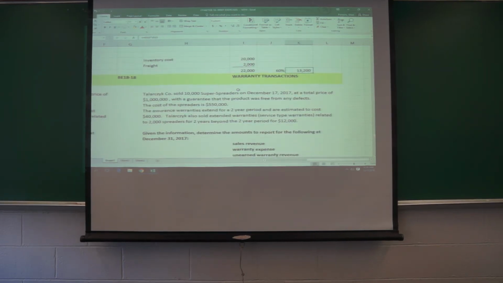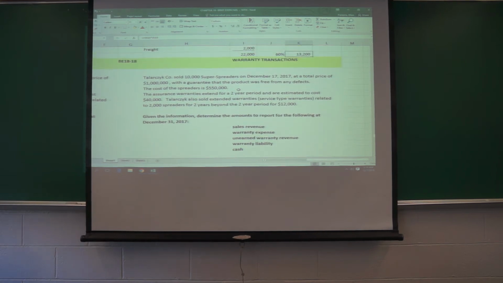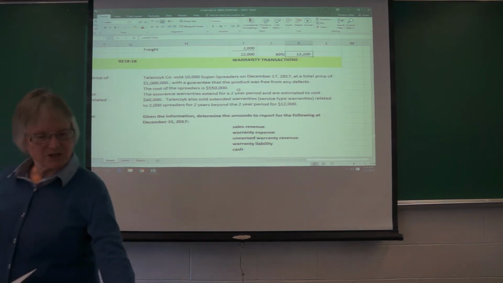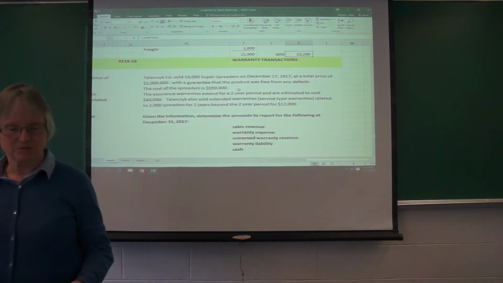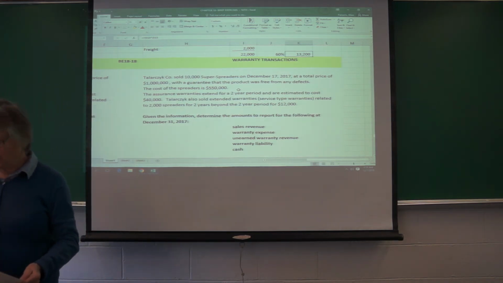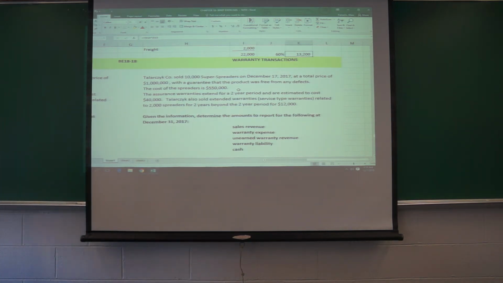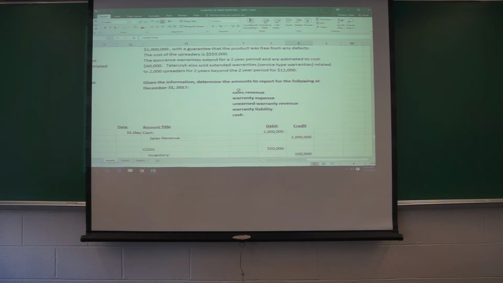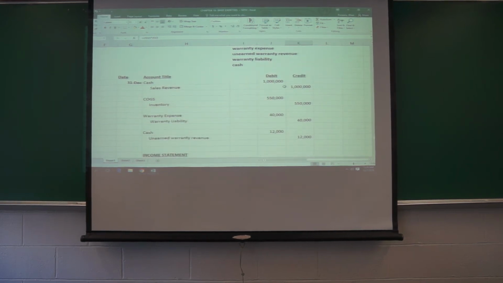Okay. Warranties, you get your assurance type warranty, which is part of the selling price, and then you've got your service type warranty, which is a separate performance obligation and is billed separately. So with this one, you're going to be booking your cash and sales revenue. That includes your warranty.